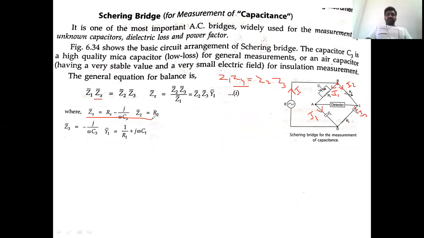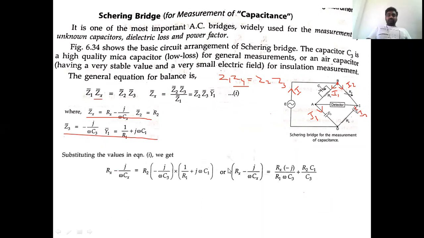We know the value of Zx, we know the value of Z2, we know the value of Z3, we know the value of Y1. So we substitute all these parameters one by one in this particular equation 1. What is the value of Zx? Rx minus j by omega Cx. That is equal to, what is the value of Z2?